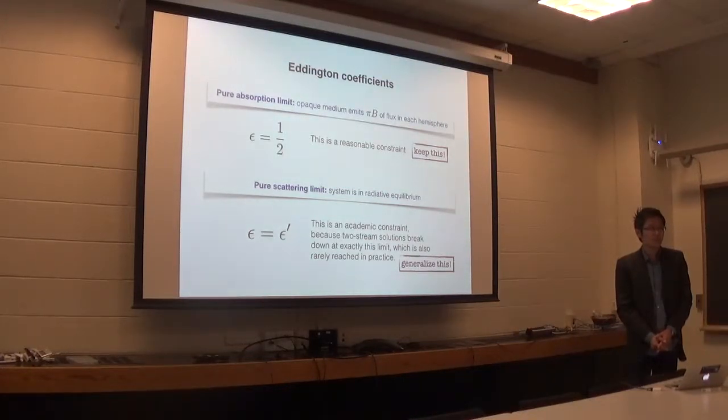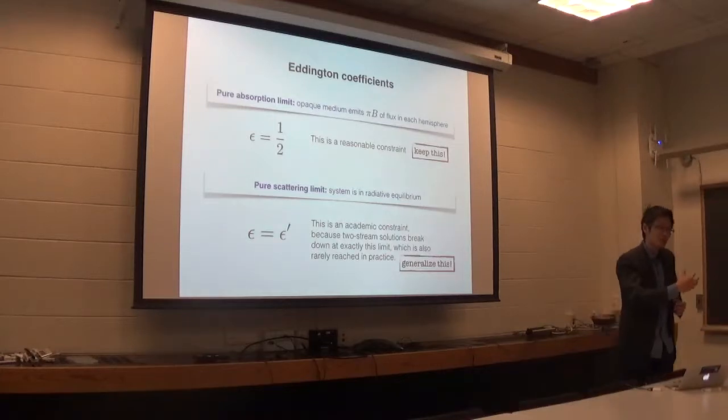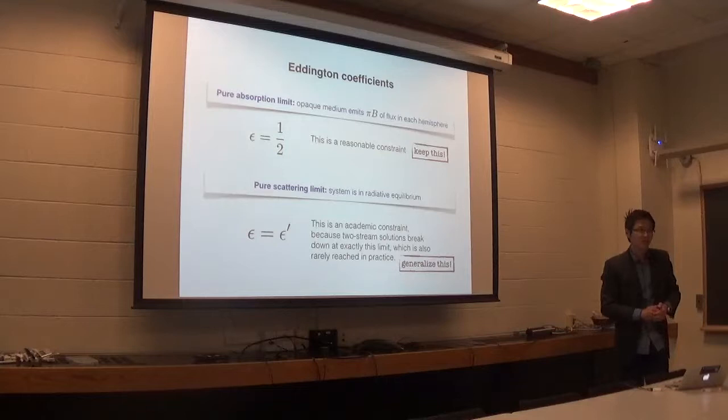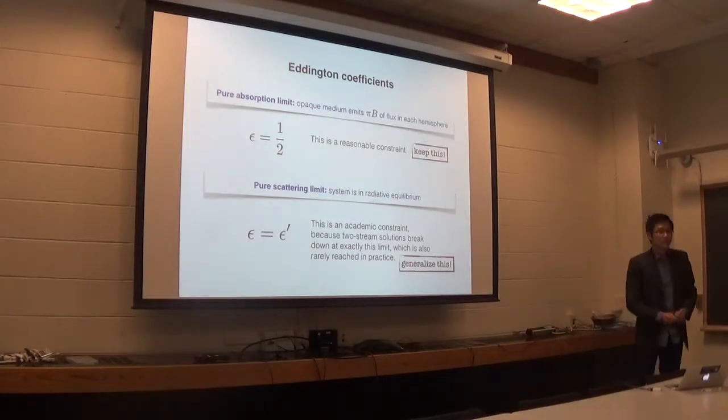I disagree, because you can show that global energy conservation, meaning energy into the atmosphere equals energy out, is global. You can have global conservation and not local conservation. So I can construct an atmosphere for you that's not in radiative equilibrium, but it obeys global energy conservation. Correct, but it is not true that only in the pure scattering limit you're going to have radiative equilibrium. That's not what it's saying.